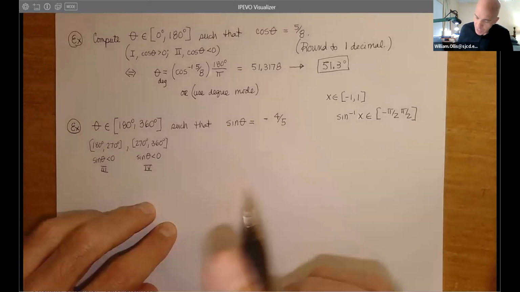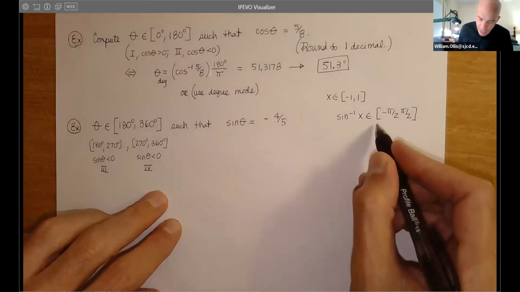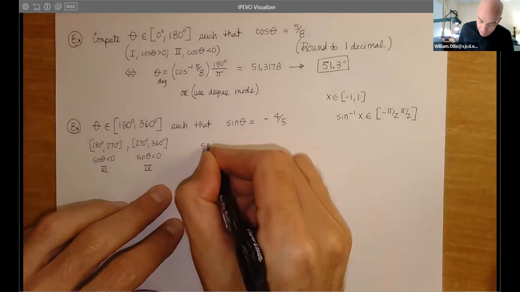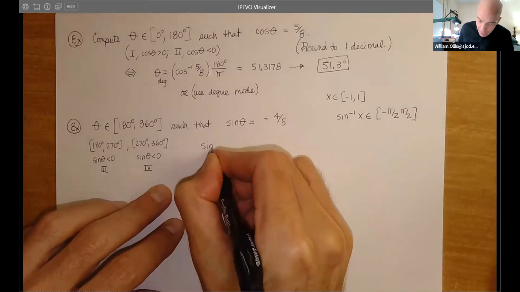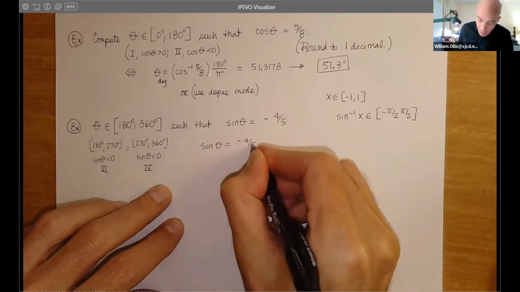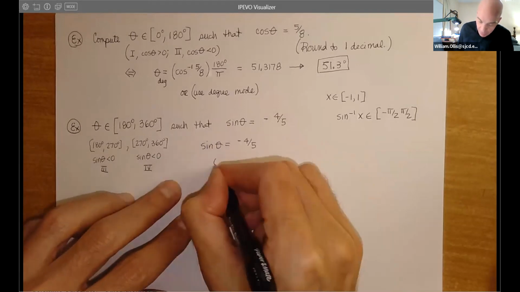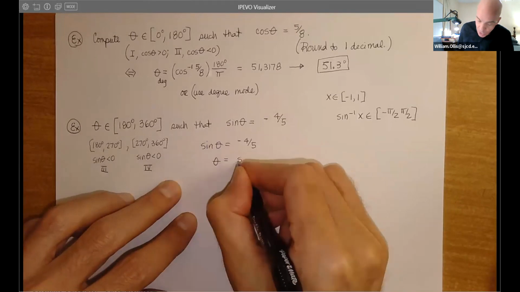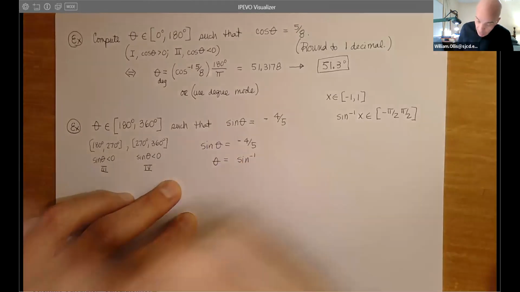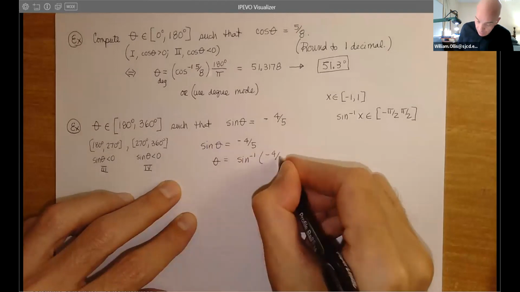So now, for instance, here, we look at this and say, okay, we have sine of theta equals negative 4 over 5. And so theta will be the inverse sine of negative 4 over 5.